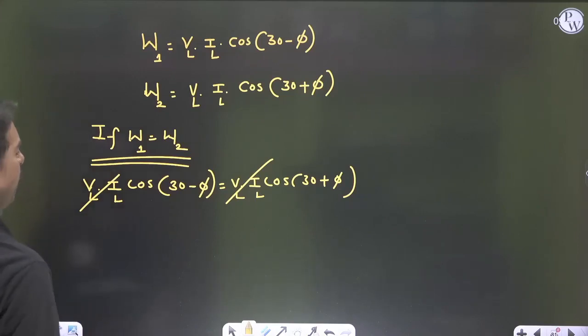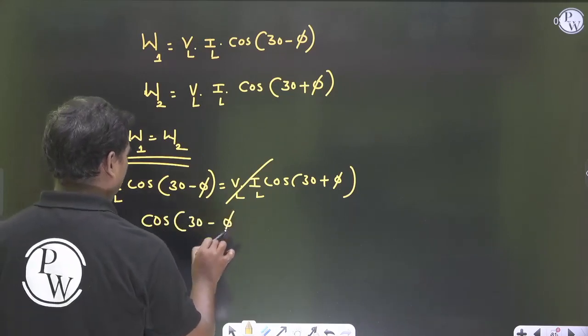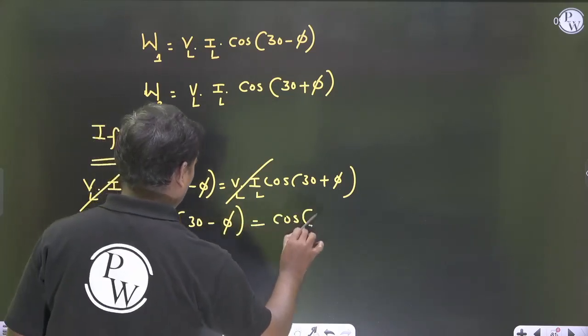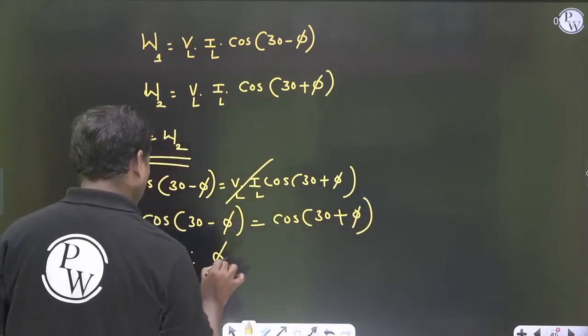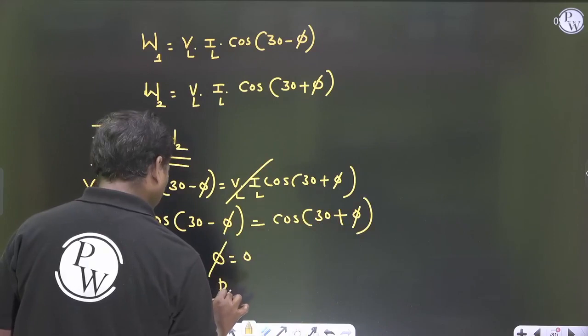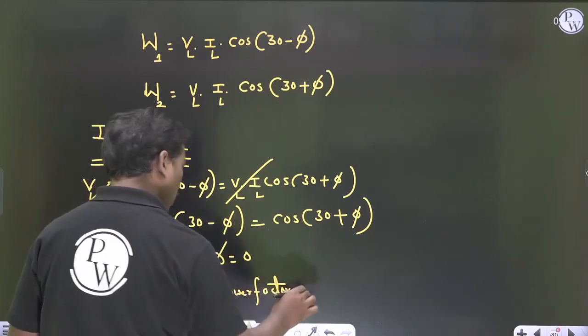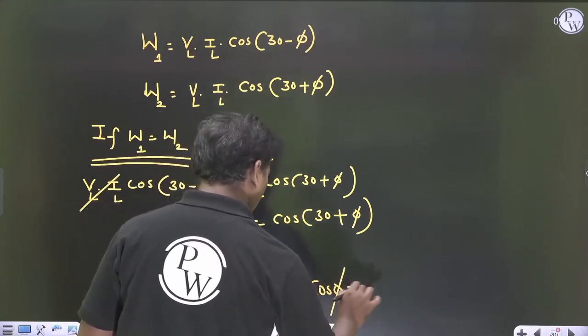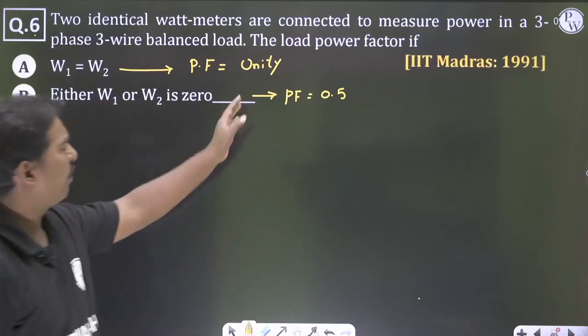So cos of (30 minus phi) is equal to cos of (30 plus phi). When can it happen? Only when phi is equal to 0. So the power factor cos phi is 1. The first question's answer is unity power factor.